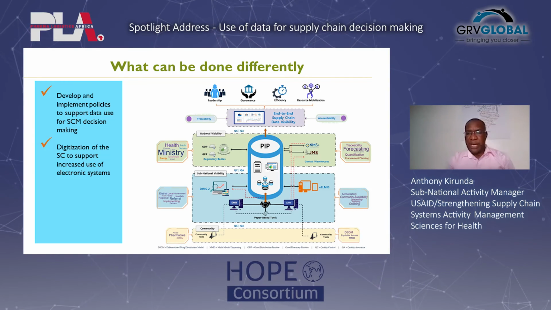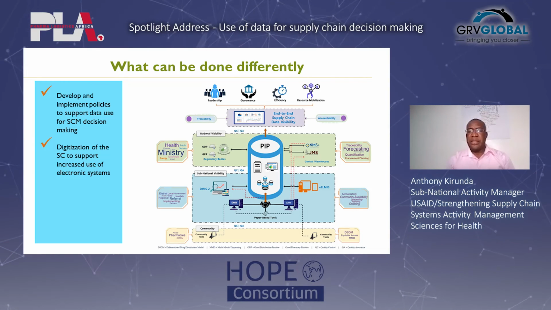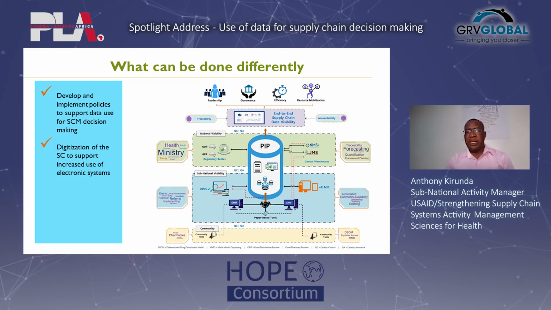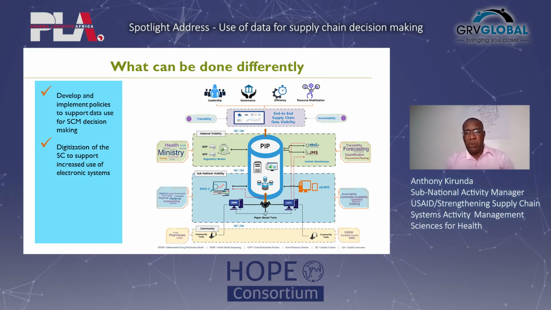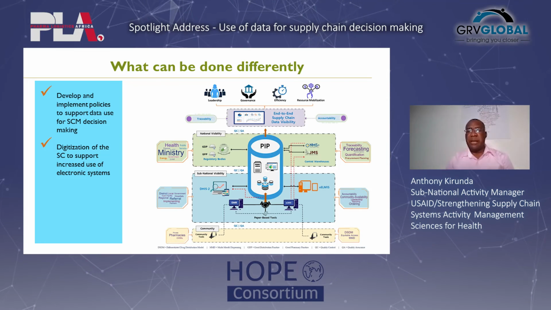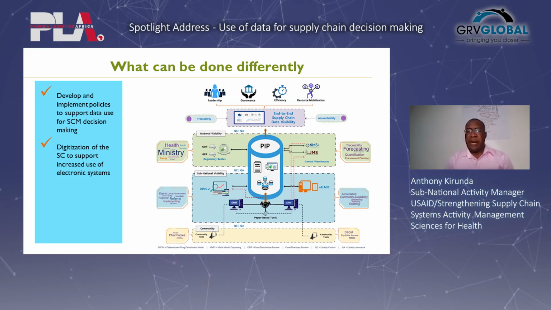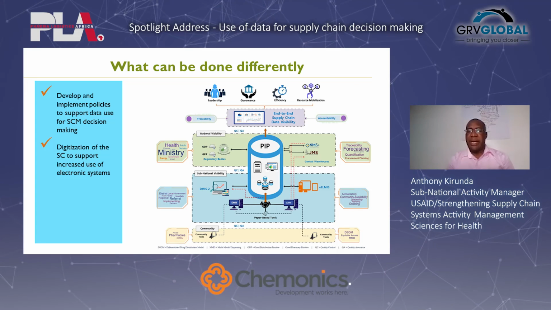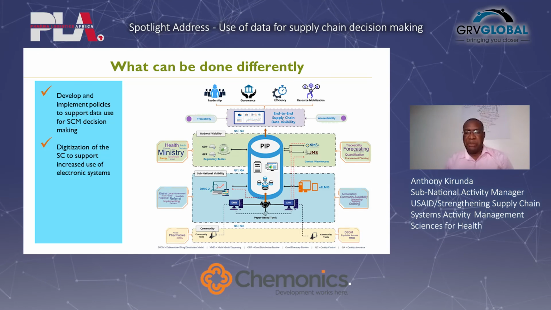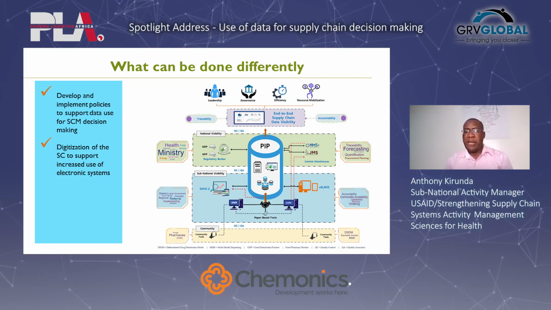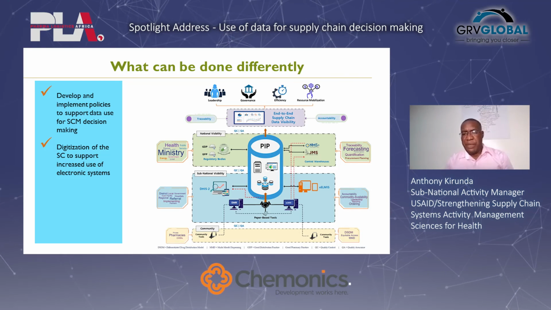We want, and we are starting to work on this, all the electronic medical records talking to the Pharmaceutical Information Portal. We are pulling in demographic data, and the morbidity data is coming through from the EMRs, and then we have the electronic logistics management information systems, which work purely on supply chain data.